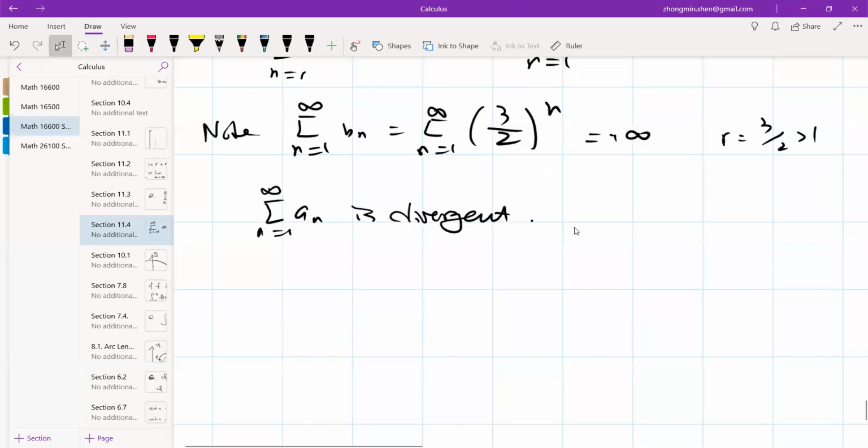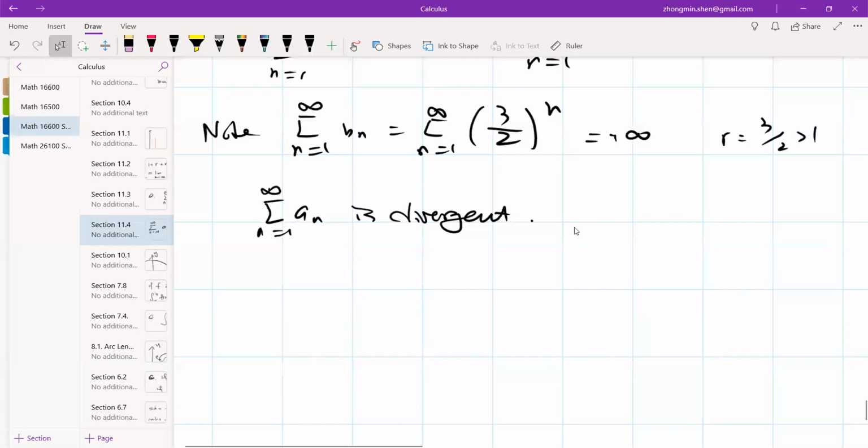So an is n factorial over n to the n, right? Let's write it down. It's 1 times 2 times 3 all the way to n, over n times n and so on. I need the 1 over n squared, so I actually cut this part. That's enough. But this remaining part is always less than or equal to 1 if n is greater than or equal to 3.